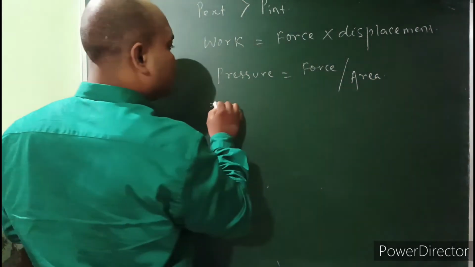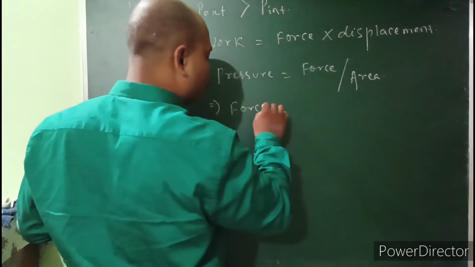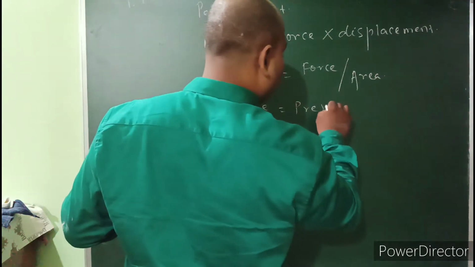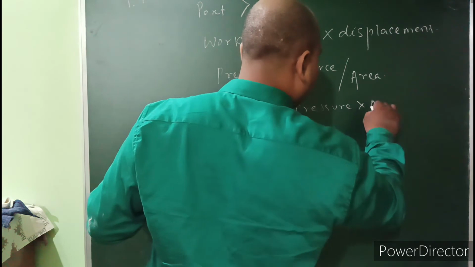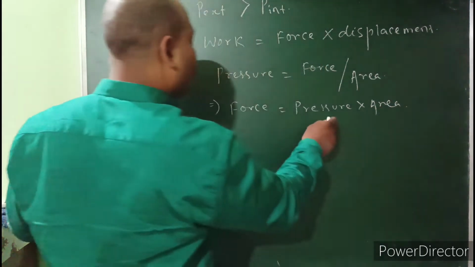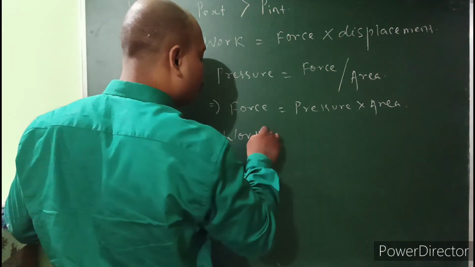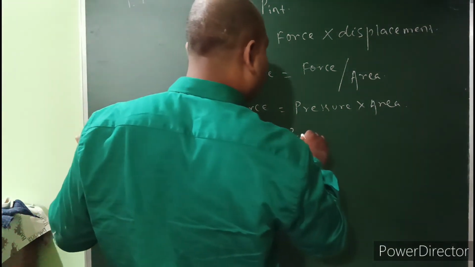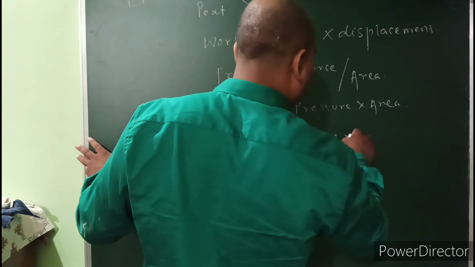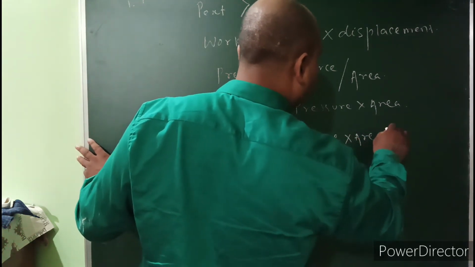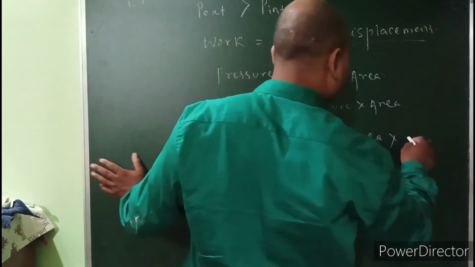So we can say that force is equal to pressure into area. Putting this value, we will find that work equals pressure into area, and there is a displacement.